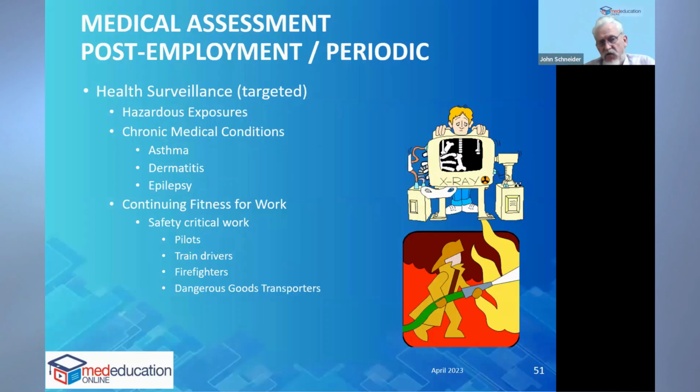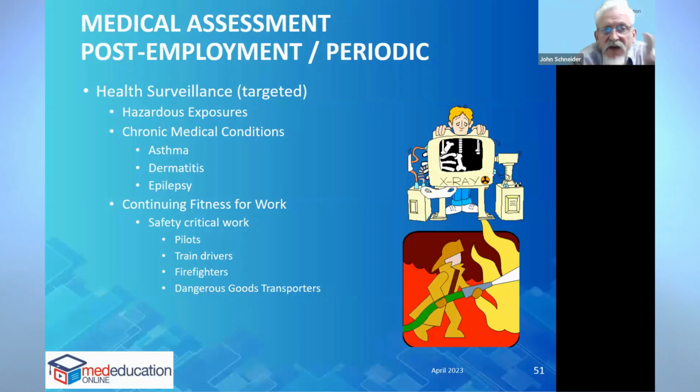So urine testing to see whether people have metabolites of hazards that they've been exposed to in the workplace in their urine. So that is a situation where you know what you're looking for.